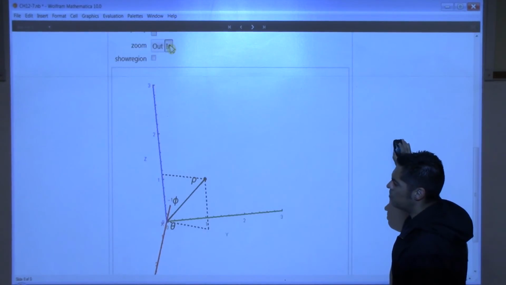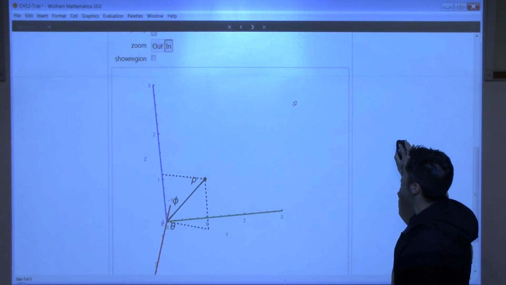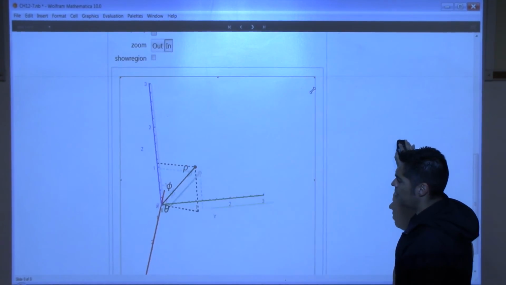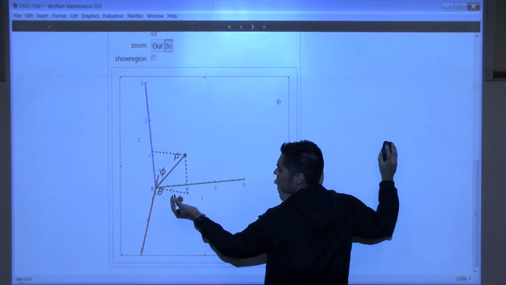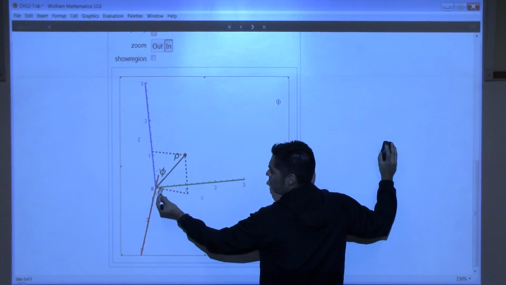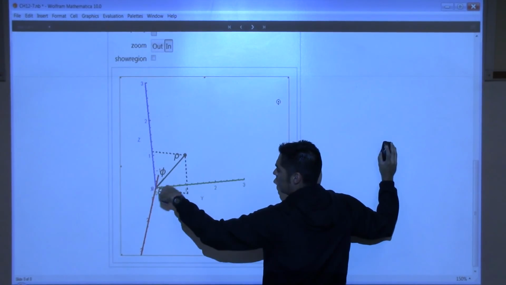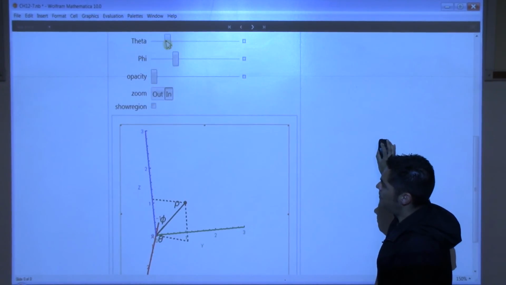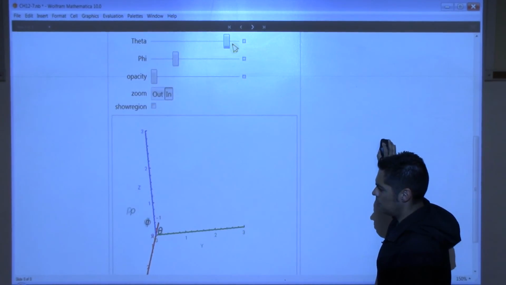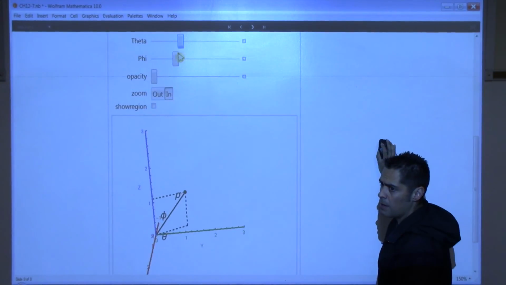If you can imagine right now, remember rho is the distance from the origin to the point. If I just take this point and let theta go from 0 to 2 pi, then I'm going to swing all the way around.